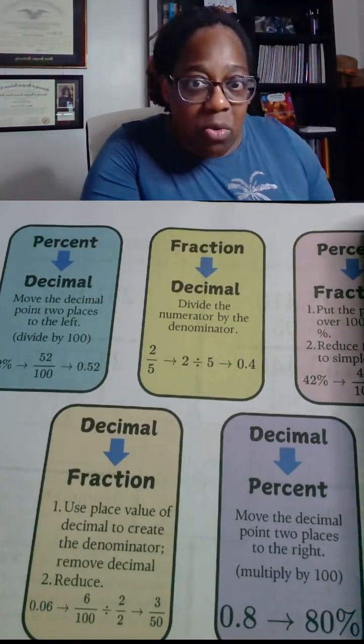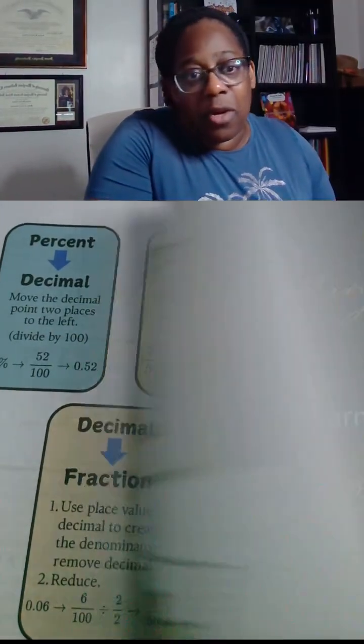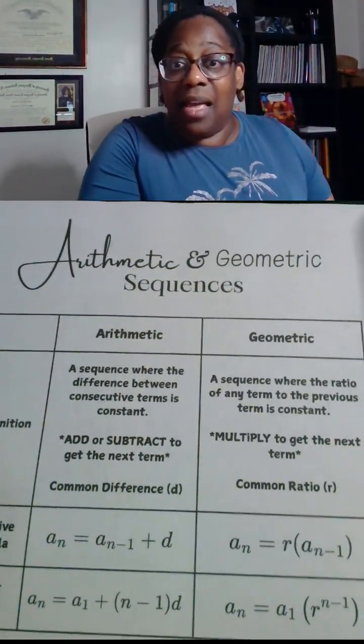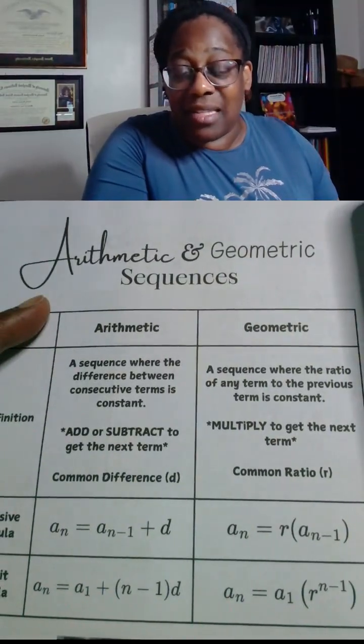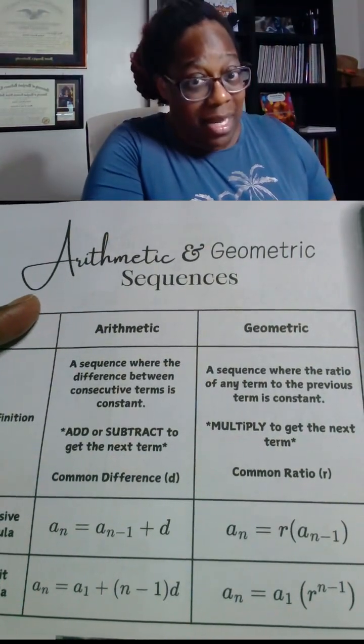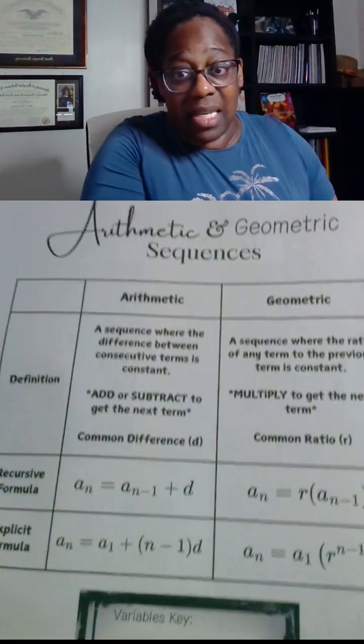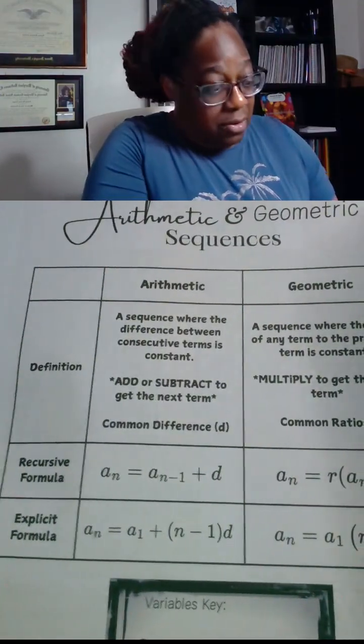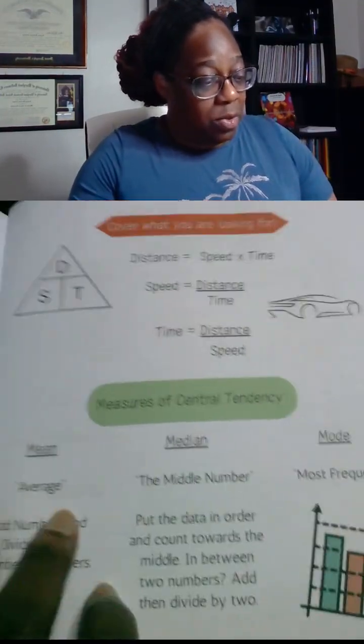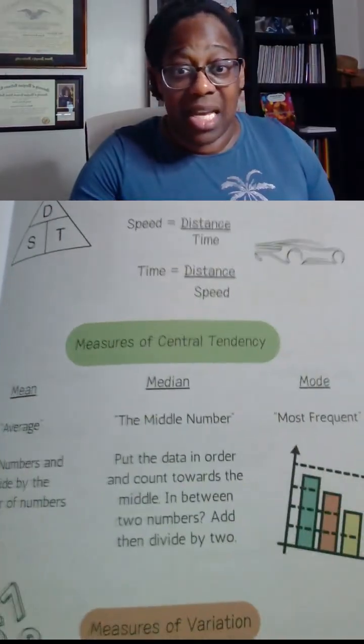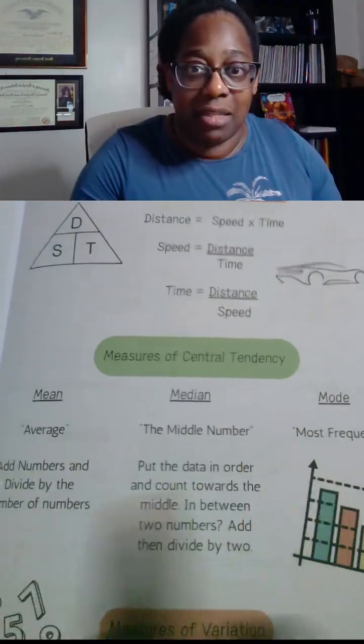What are the rules? So it's all listed right there for you. All right. And then arithmetic. I know it looks like it says arithmetic, but it's pronounced arithmetic. Geometric sequencing. So I have the two formulas that are there, as well as what we are doing for the measures of central tendency. We still have people get this mixed up.